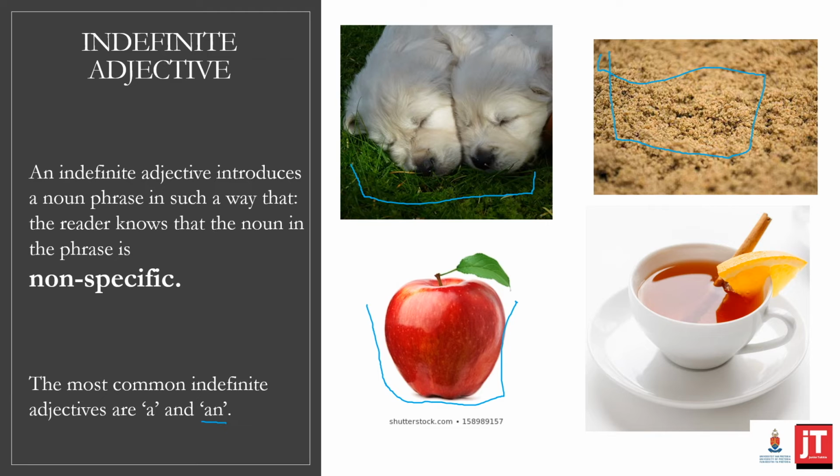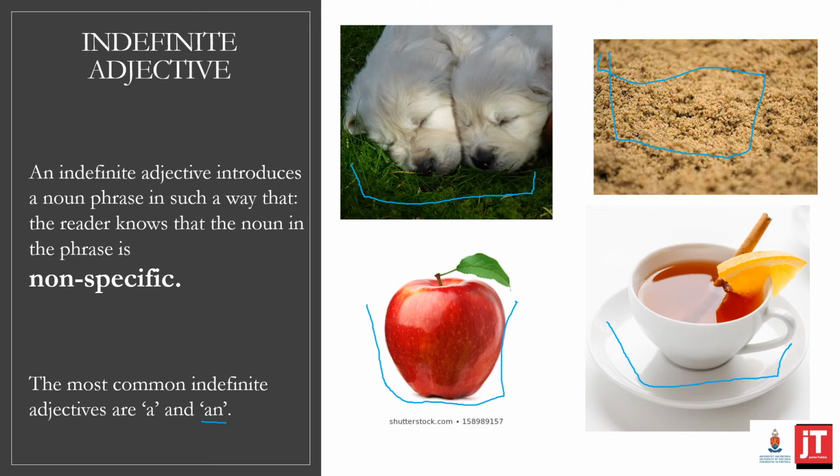A-E-I-O-U. And then, can I please have a cup of tea? A cup of tea is definitely indefinite because it's not saying, can I have the cup of tea? You don't know what cup of tea you're going to get, and you don't really mind. You just want a cup of tea. It's non-specific.